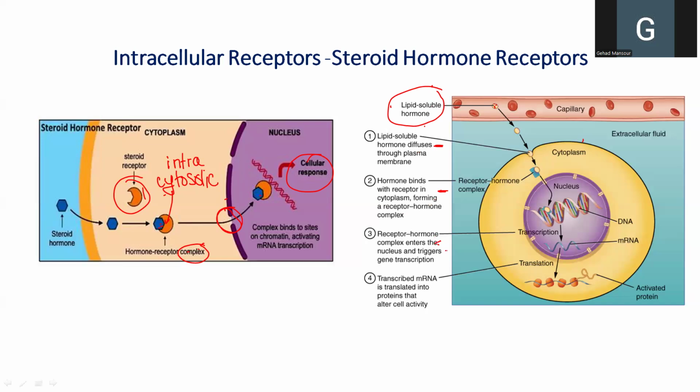Then it enters the nucleus through the nuclear pore and binds with chromatin and affects gene transcription, and the transcribed messenger RNA will result in the formation of a particular protein.